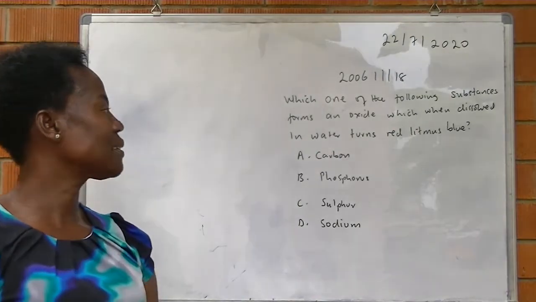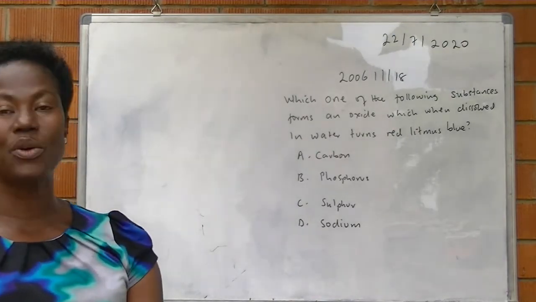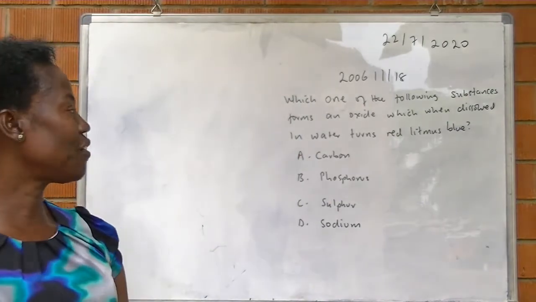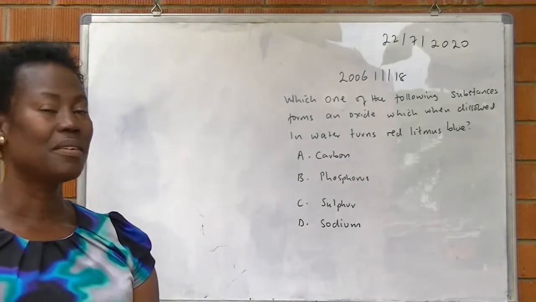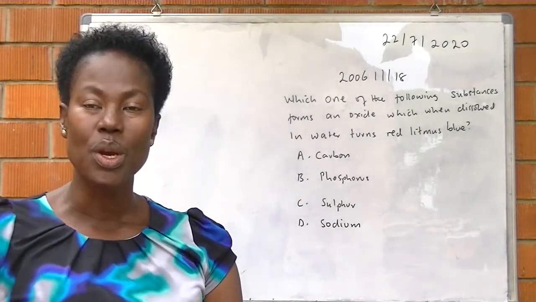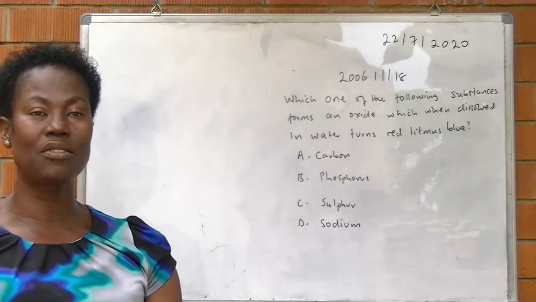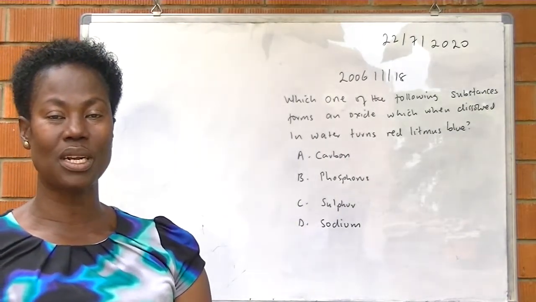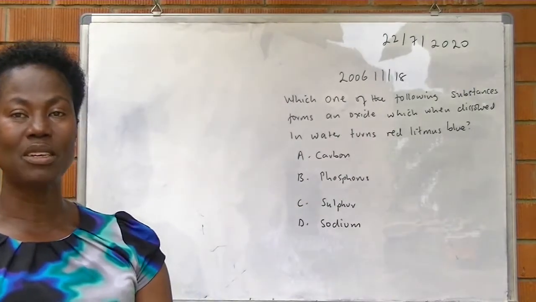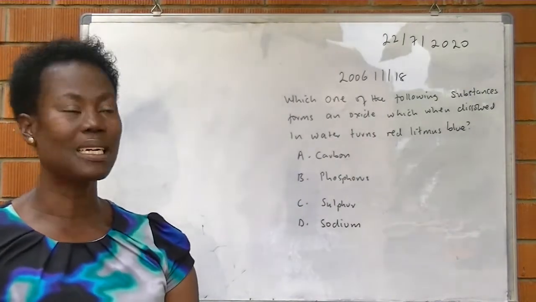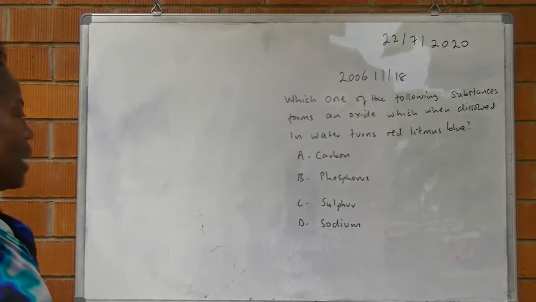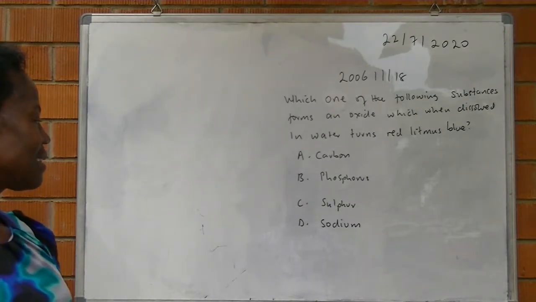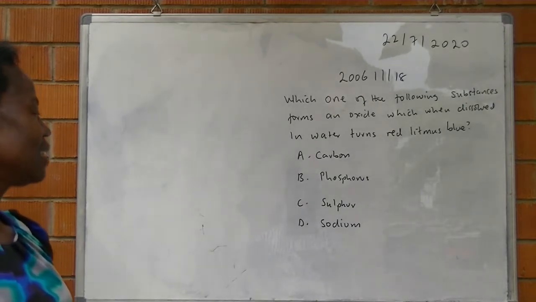Another example is from 2006, number 18, paper 1. Which one of the following substances forms an oxide which when dissolved in water turns red litmus paper blue? Remember, an oxide which produces an alkaline solution turns red litmus paper blue. Let us see the alternatives. A, carbon, B, phosphorus, C, sulphur, D, sodium.